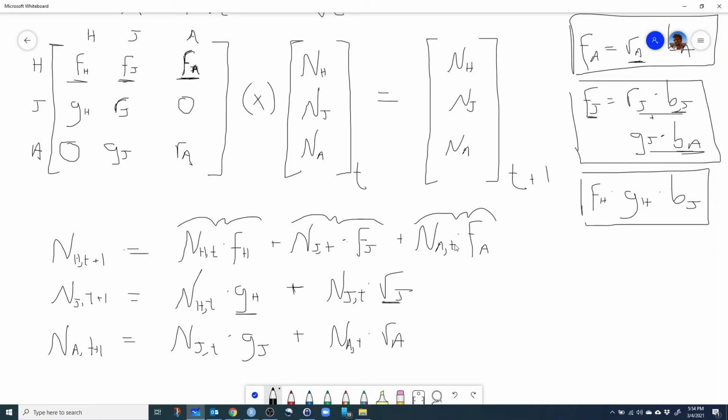All right, and now it should make even more sense why these fecundity terms have both a survival and a birth rate associated with them, because we're not talking about the total number of births this year by hatchlings this year, or by juveniles this year.